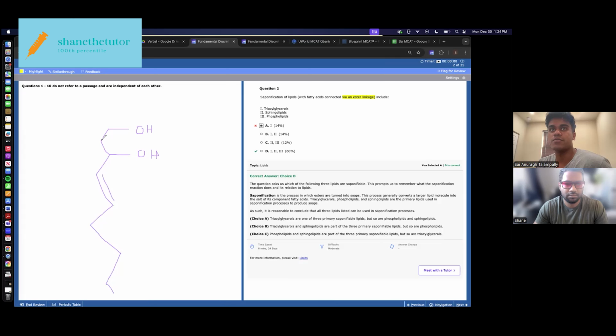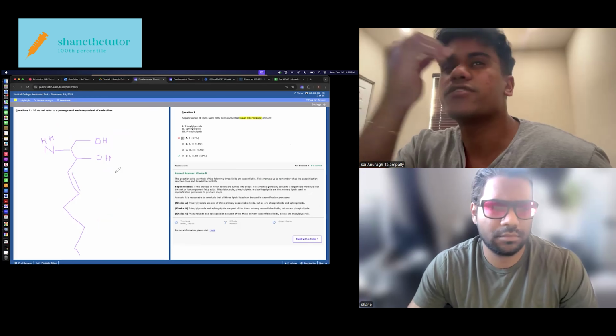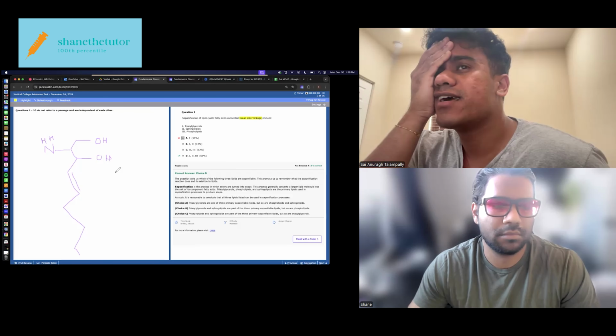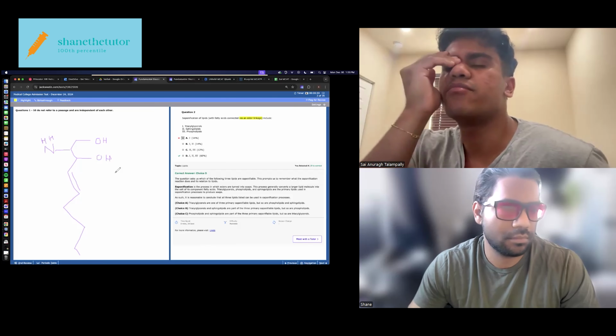I don't really know how many carbons, and then I think there's a nitrogen here, NH2. Typically a fatty acid would attach here, but it would be connected by an amide linkage, right? So if saponification is strictly for ester linkages, how would it break an amide? I mean, how would it break this?